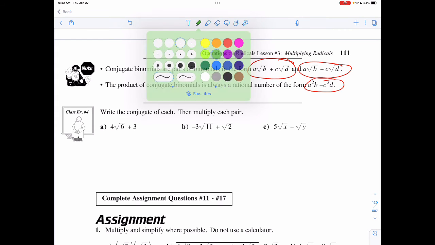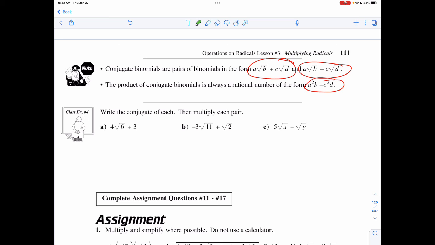So, write a conjugate of each pair, then multiply them. The conjugate of this, if they're added together, is going to be subtracting them. 4 root 6 minus 3. What's that going to give me? It's going to give me the first term squared, 16 root 6 squared, like we see here, minus the second term squared, 9.